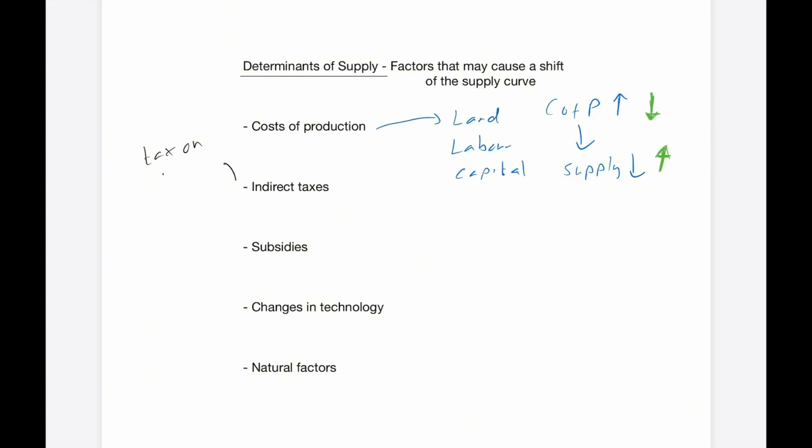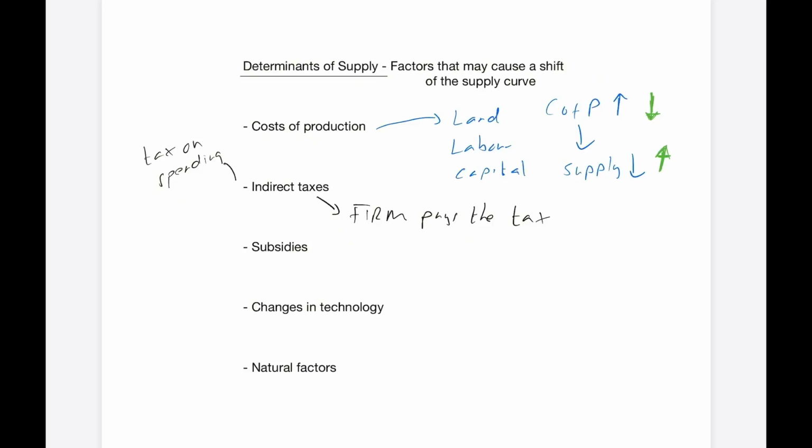Now they do, but indirectly. Okay, initially it is the firm that actually pays the tax, and then they can pass on the burden or some of the burden of the tax to the consumer.